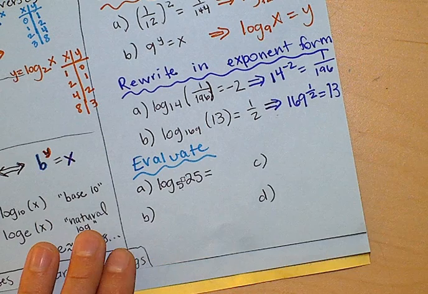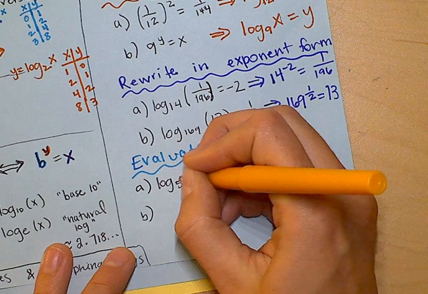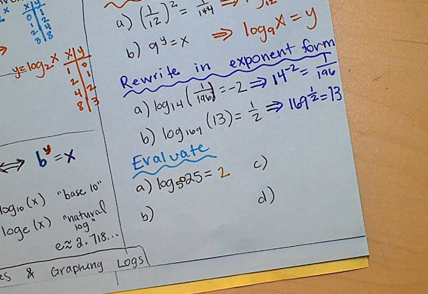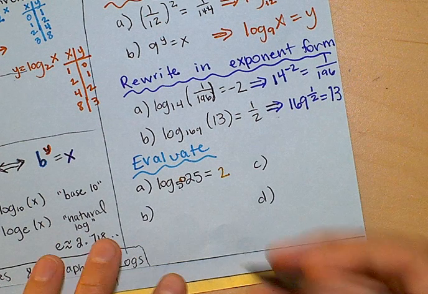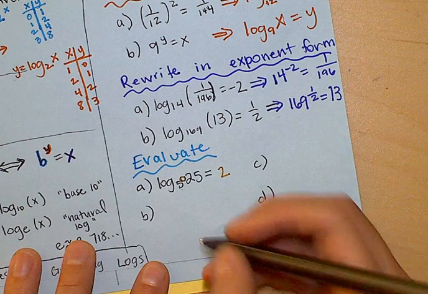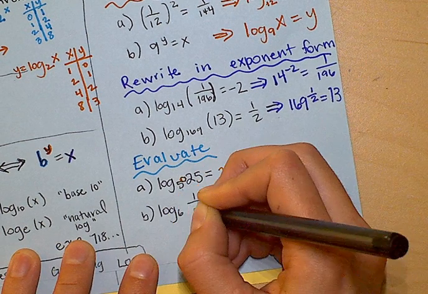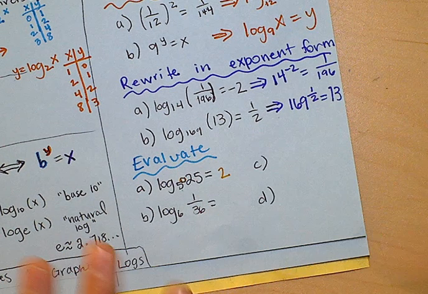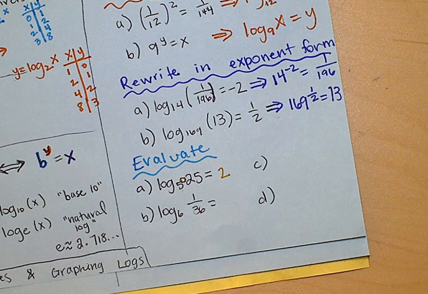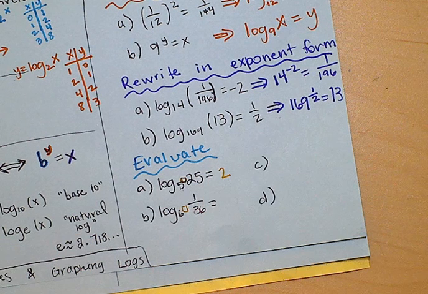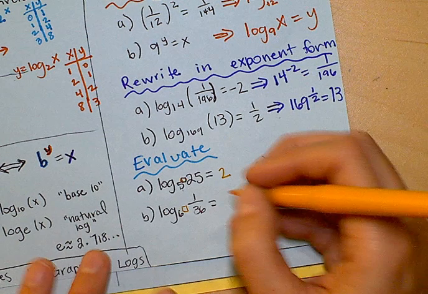What exponent would I put in here to equal 25? That would be 2. Or here, if I have log base 6 of 1/36, you have to think, what's the exponent that I would put on the 6 to equal 1/36? And that's negative 2.